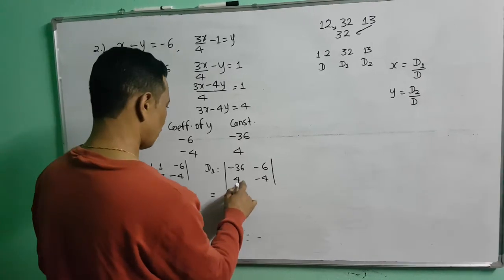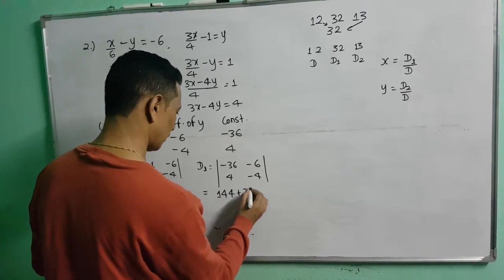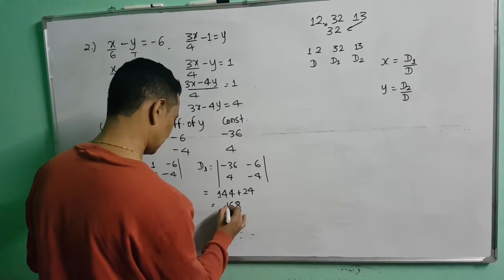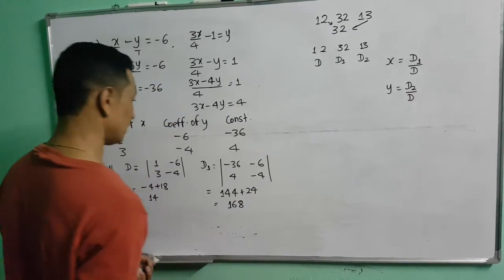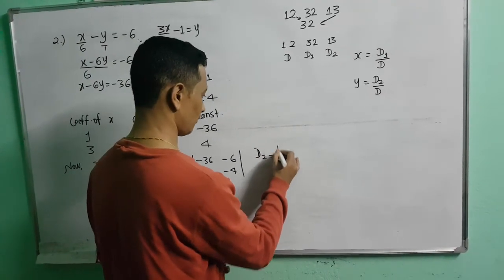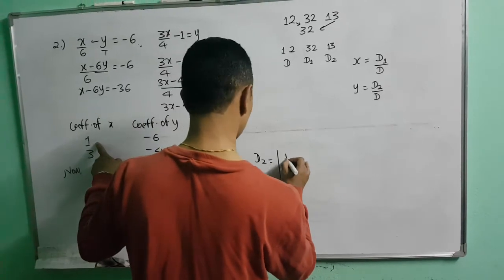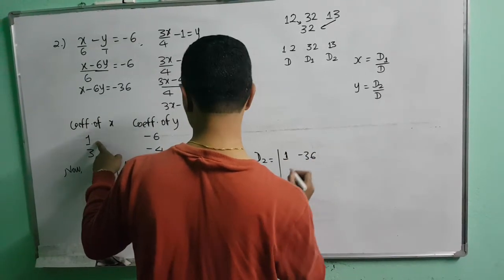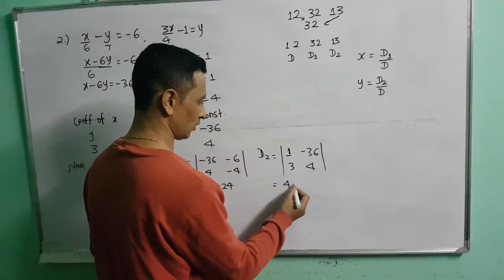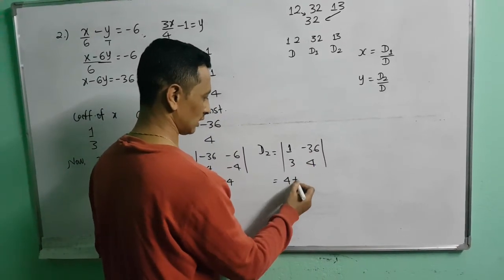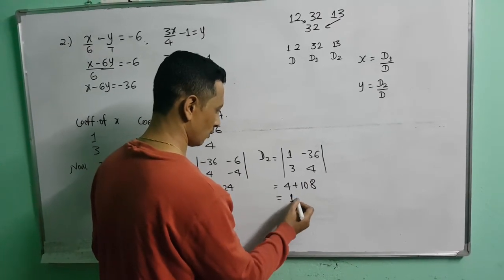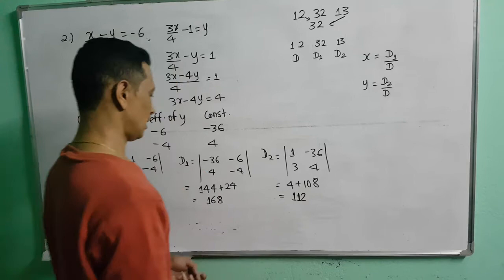So minus minus plus 24 equals to 168. And D2 equals to the first and third, that is 1, minus 36, 3 and 4. This equals to 4 minus minus plus 36 into 3, 108, equals to 112.